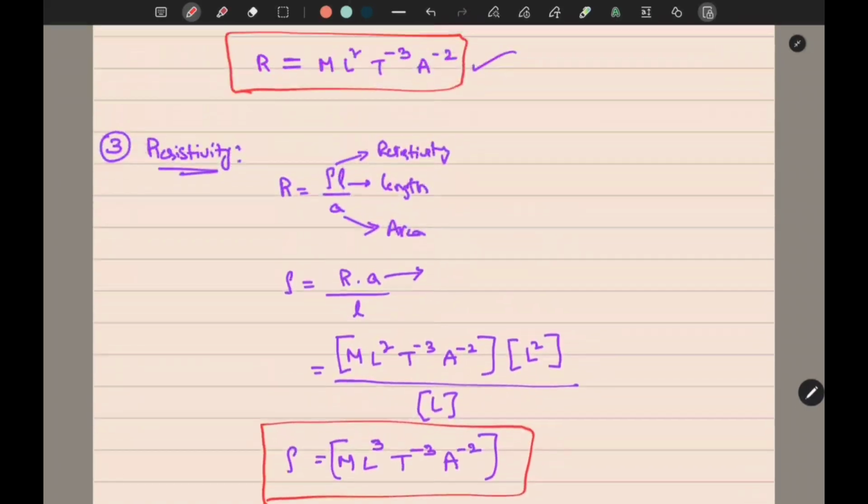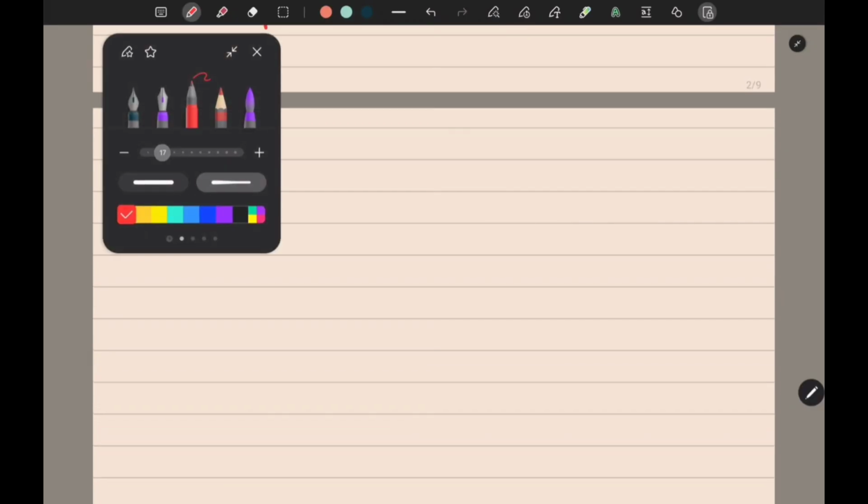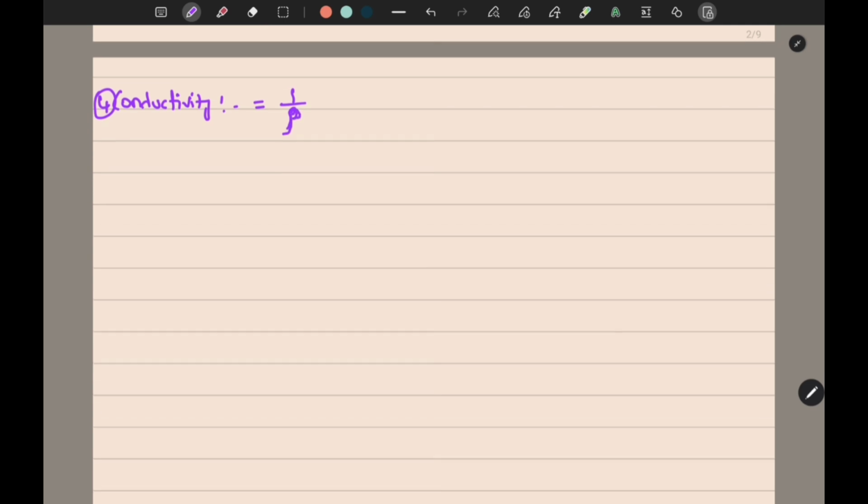Now, another quantity we can take is conductivity. We know that conductivity is nothing but the reciprocal of resistivity.